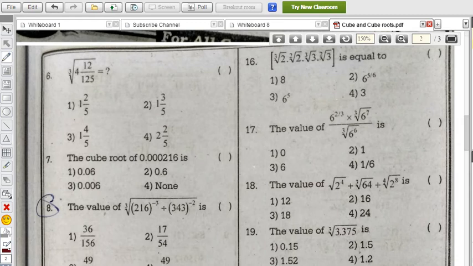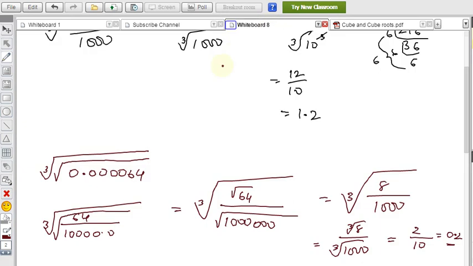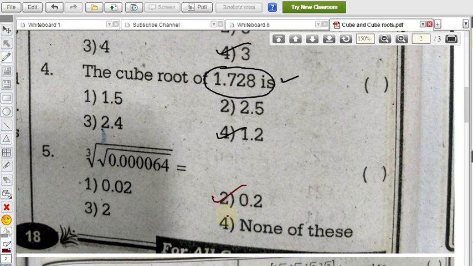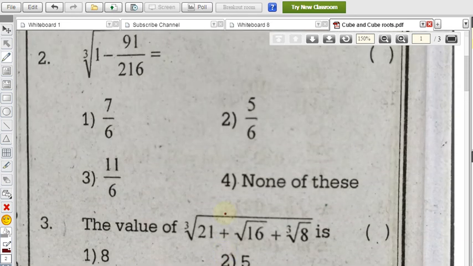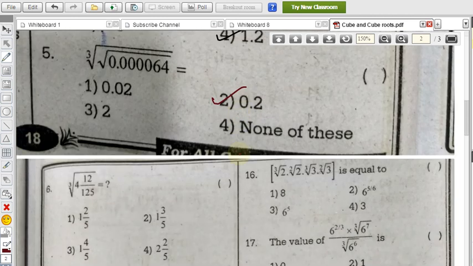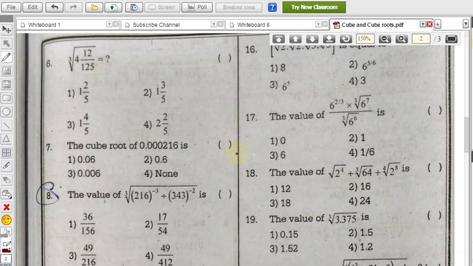Okay, now let us see this sixth one. Cube root of, same as the questions we have done previously. In the previous page, the second one is similar. We'll do the LCM. Cube root of 4 minus 12 by 125. So 125 is the LCM: 4 into 125.